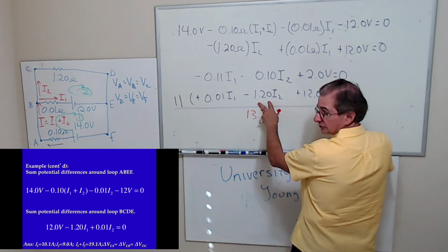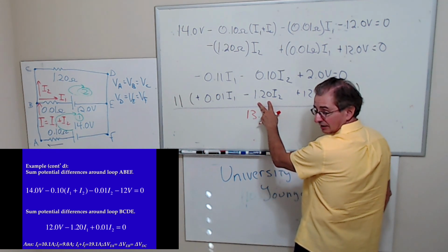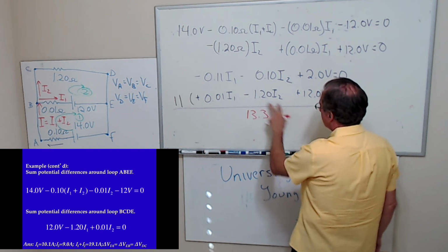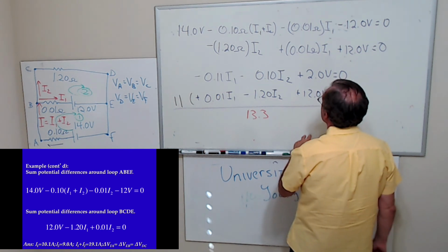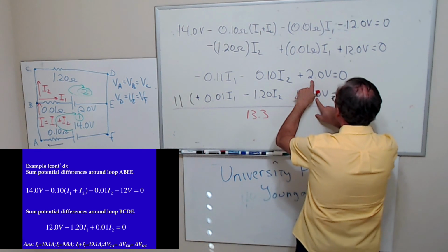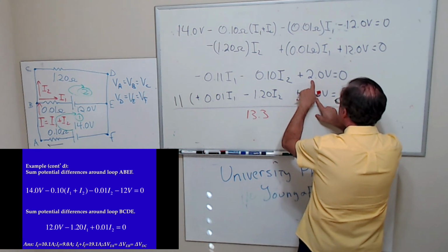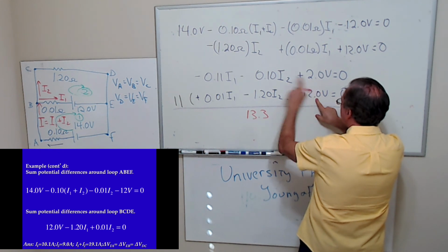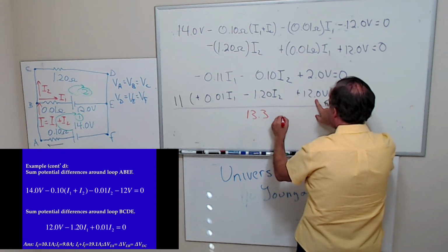Somehow that looks strange. Hold on a second. Okay. And then 12 times 11 is 132. 132 plus 2 is 134.